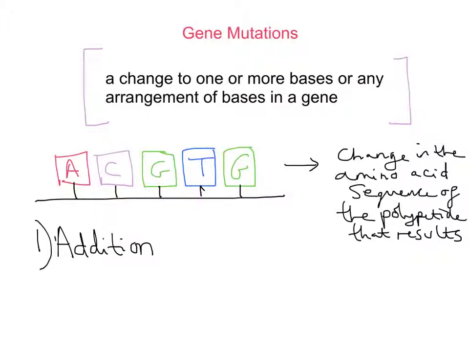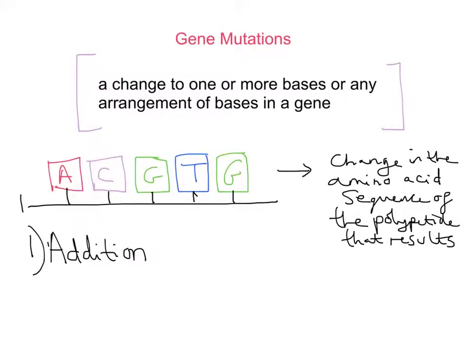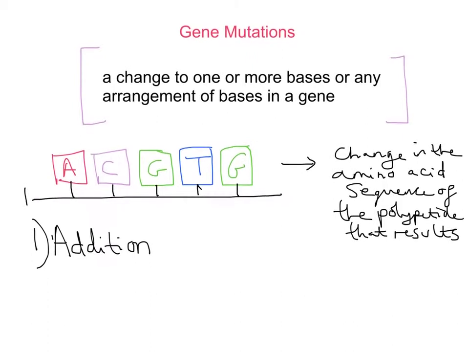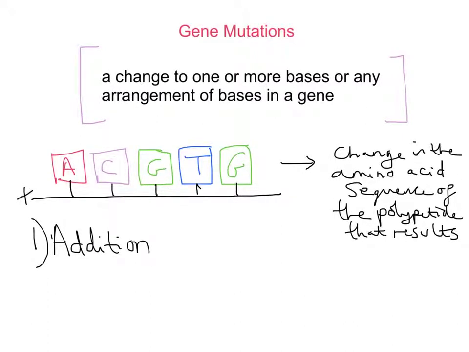So it's where we have an extra nucleotide inserted, so an extra base is added to the sequence. A nucleotide is a part of the sugar phosphate backbone, part of this strand that I've drawn here, and the base. So a sugar, a phosphate, and one of the bases is what we call a nucleotide.